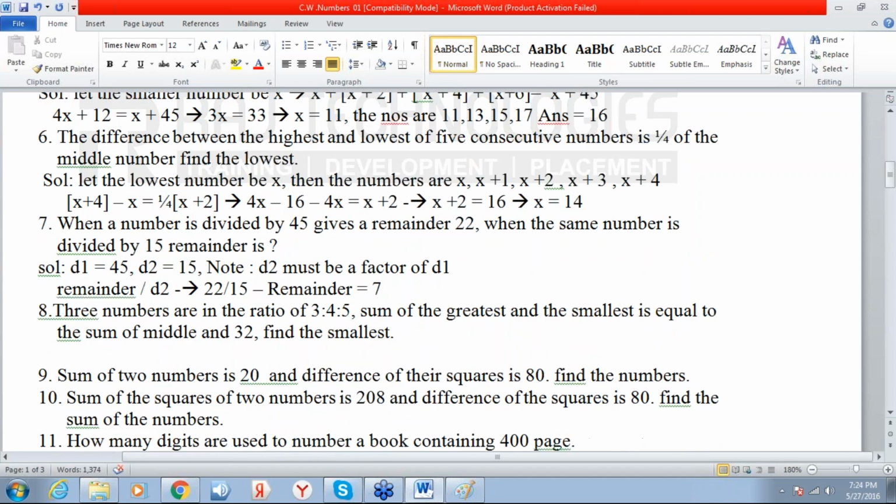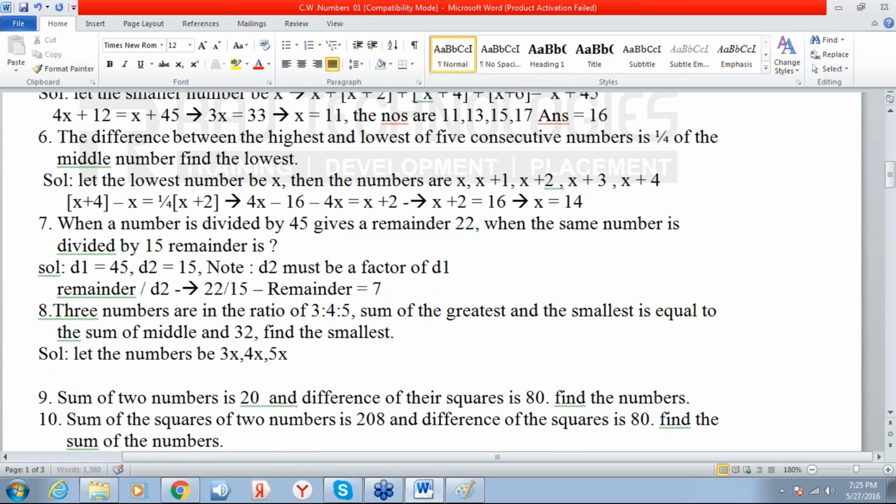Three numbers are in the ratio 3 is to 4 is to 5. Sum of the greatest and smallest is equal to the sum of the middle and 32. Let the numbers be 3x, 4x and 5x.